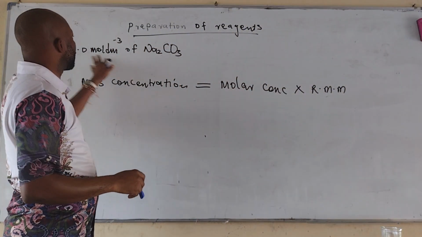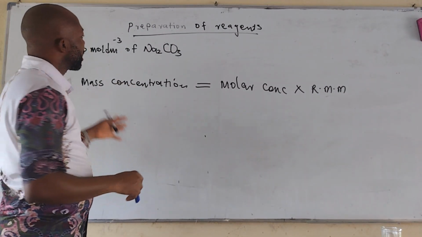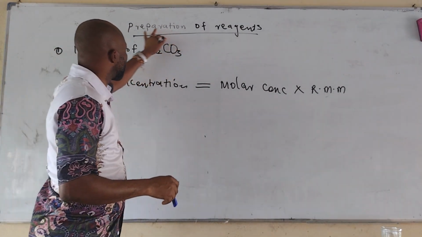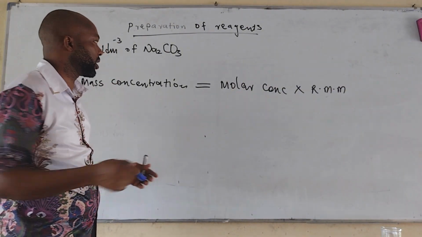They've given me my molar concentration to be 1.0, and I have to calculate the relative molecular mass of sodium trioxocarbonate(IV), put them in the formula, and I proceed.